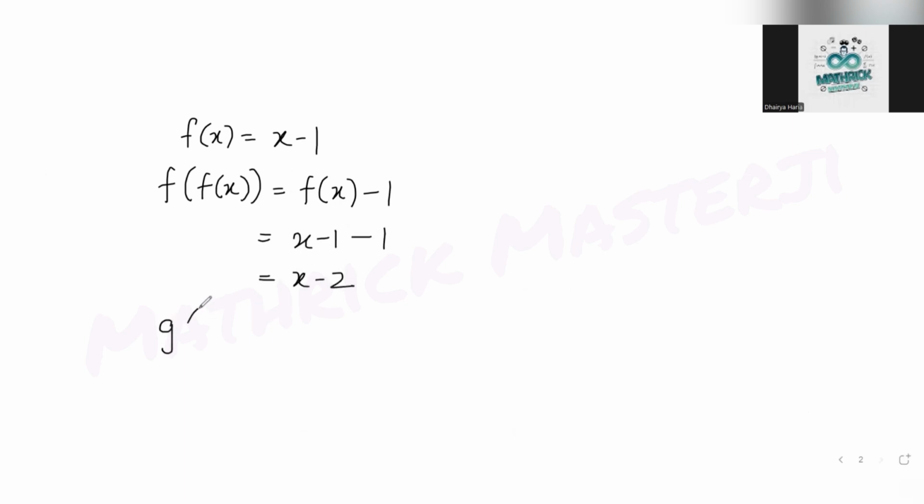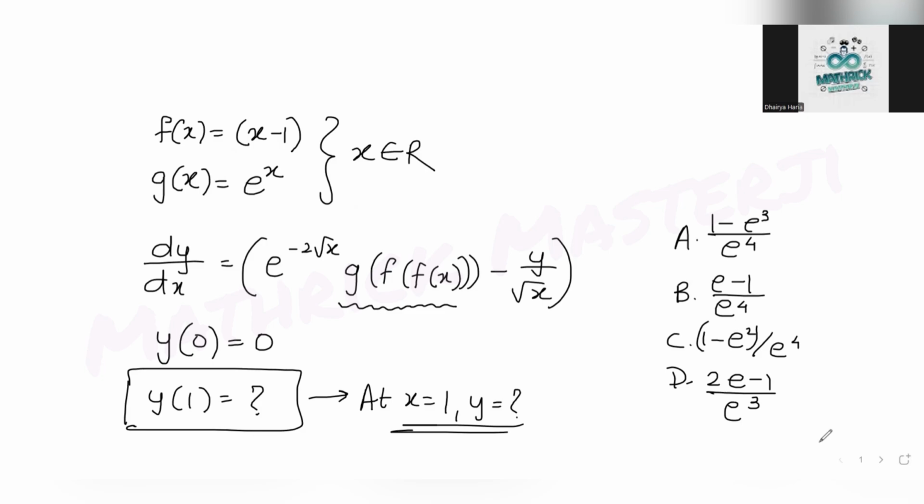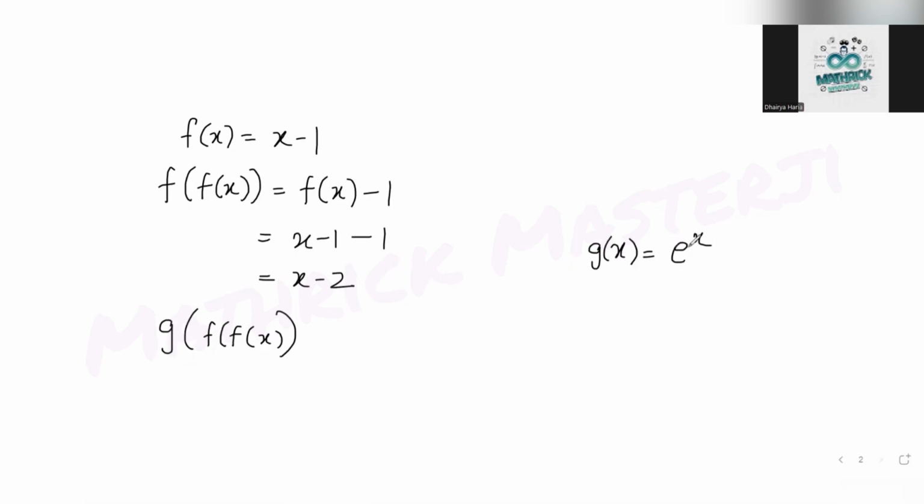Now I want to find g of the whole thing. We know g of x is given to us as e raised to x. So if I have g of f of x, I have to replace this x with f of x. That makes it e raised to f of x, which leaves you e raised to x minus 2.